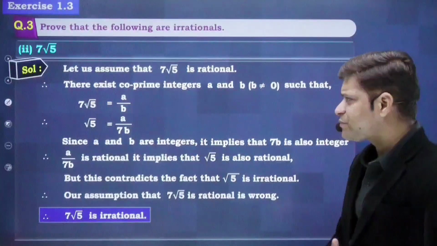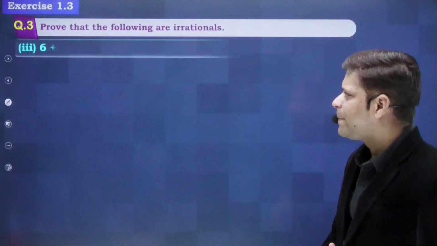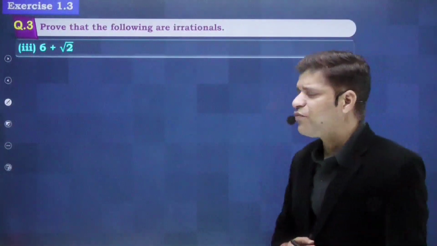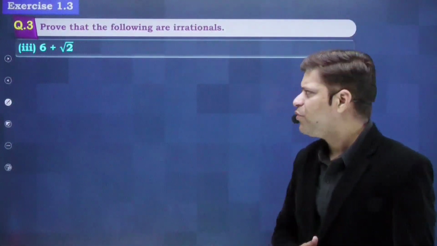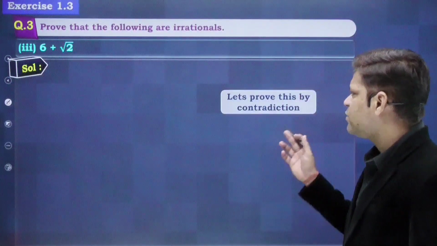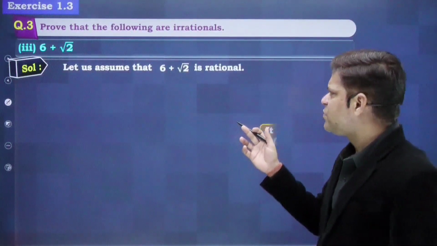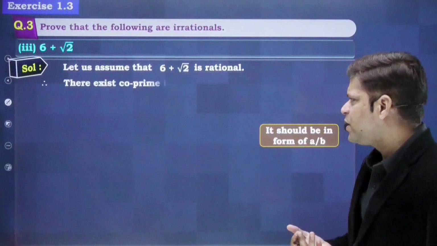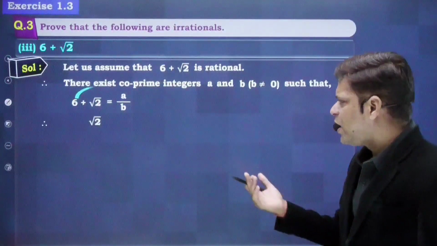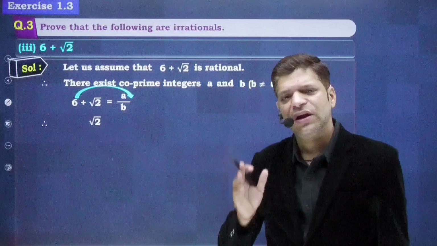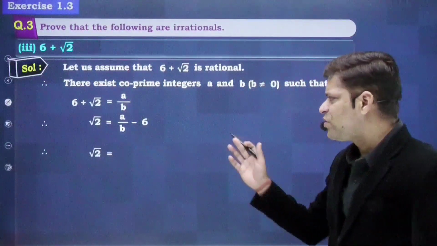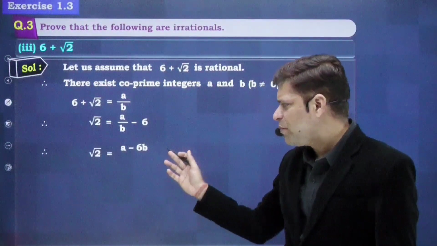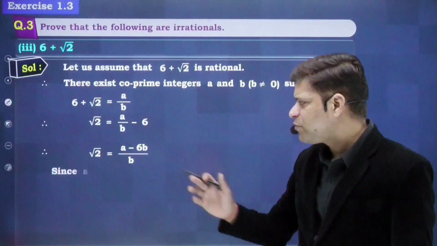Okay, the next, 6 plus root 2, we have to prove irrational. Again we will prove it by the contradiction method. Okay, and then 6 plus root 2 is rational, so it will be in the form of a over b, where a and b are co-prime. And now we shift 6 to the right hand side, so root 2 is equal to a over b minus 6, or a minus 6b over b.